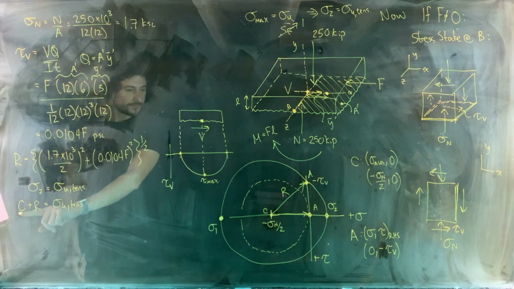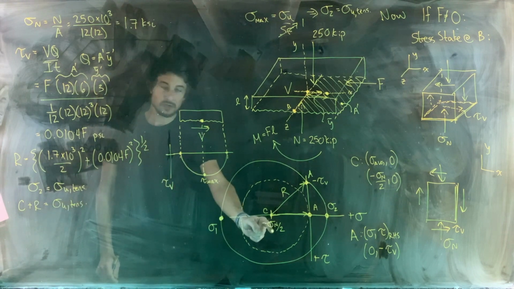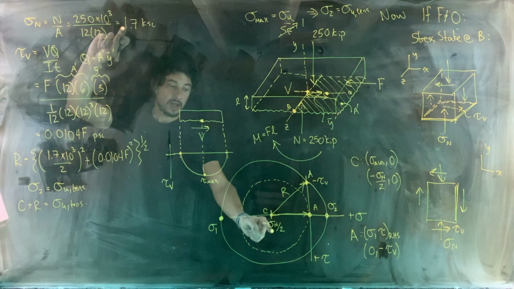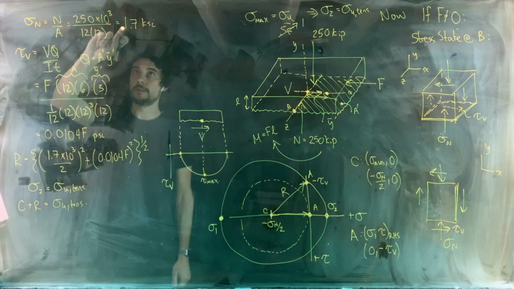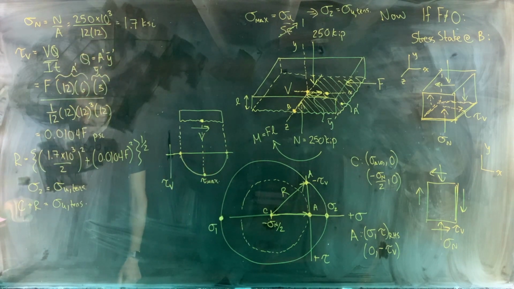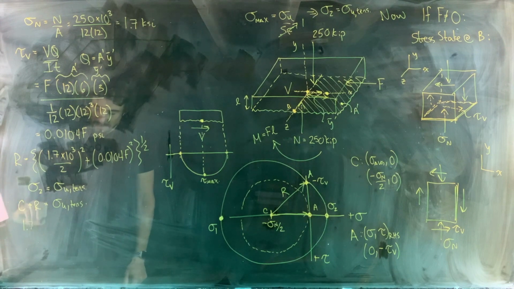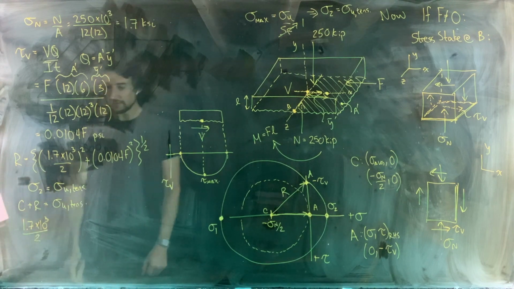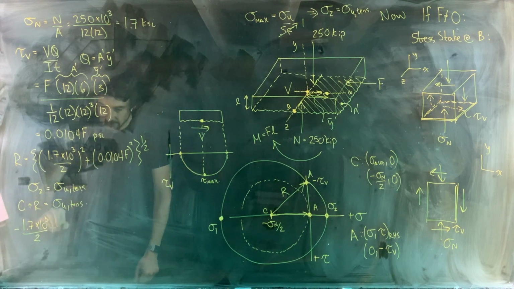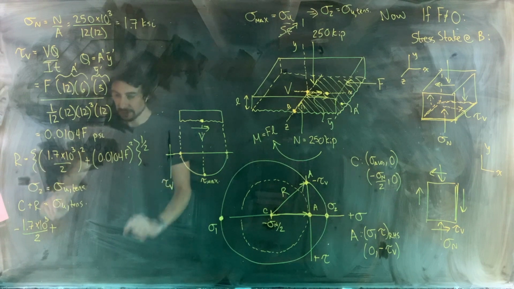Sigma, or C, is equal to half of the normal stress. So we've got 1.7 times 10 to the 3 divided by 2, and that's a negative value, plus our radius, so this expression here.